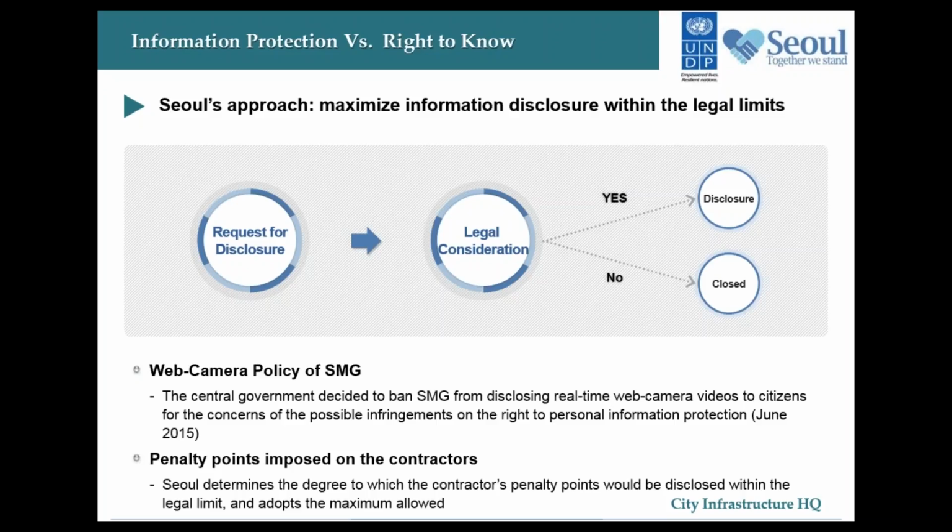Second, we must consciously choose to maximize the extent of the information we provide as much as the legal limits allow. For instance, Seoul had to discontinue the real-time web camera streaming service in June 2015 following a decision by the Personal Information Protection Commission, which is affiliated to the President's office.